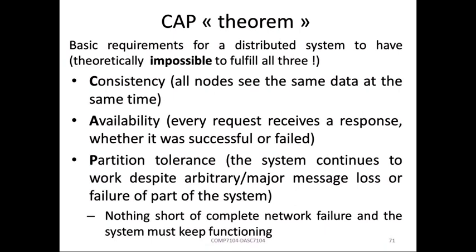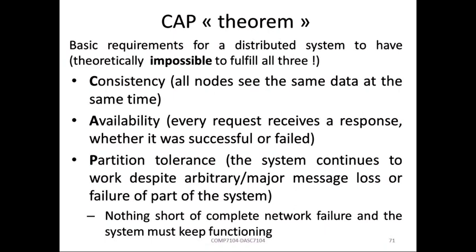And this postulate says that with network partitions, you cannot have both 100% accuracy or consistency and 100% node availability. So it's impossible basically to fulfill all three features, to have all three features in the same system.